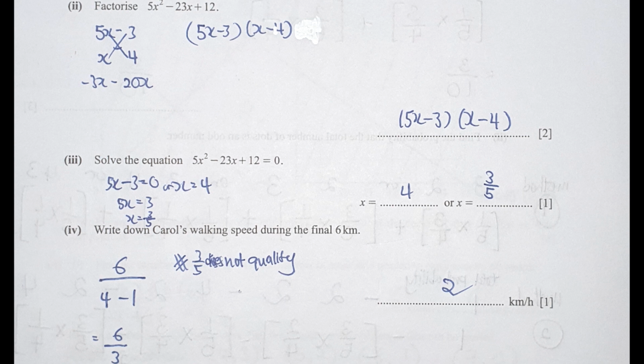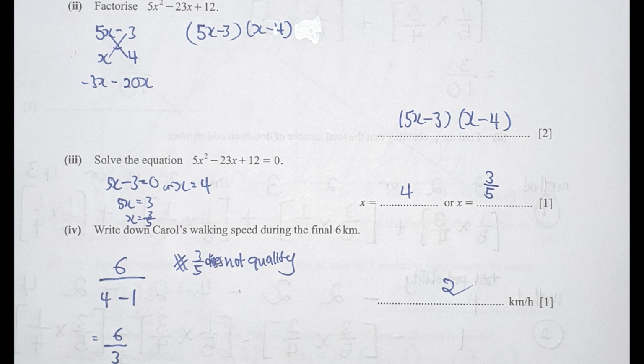I cross multiply them, then I get 3x and 20x respectively. Then I fulfill the center requirement of negative 23x by putting negative on both of the results I've gotten. So I then factorize it into 5x minus 3 and x minus 4. The respective results are actually x equals 4 or x equals 3 over 5.